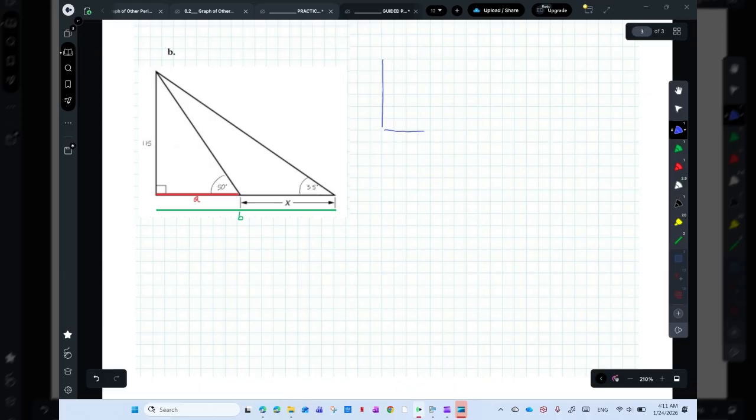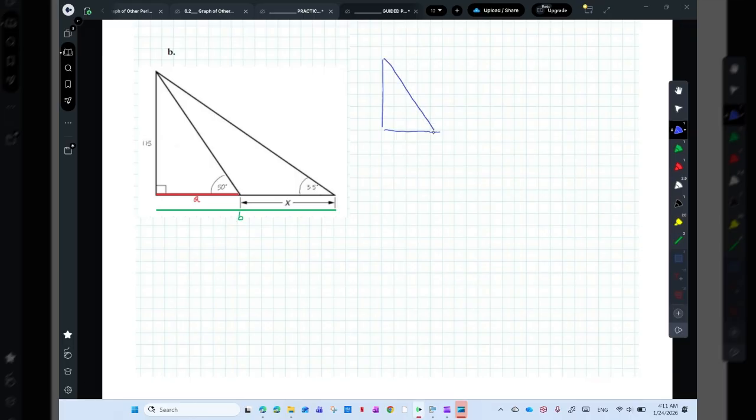So let me isolate the first right triangle. I've got 115 and an angle of 50 degrees.